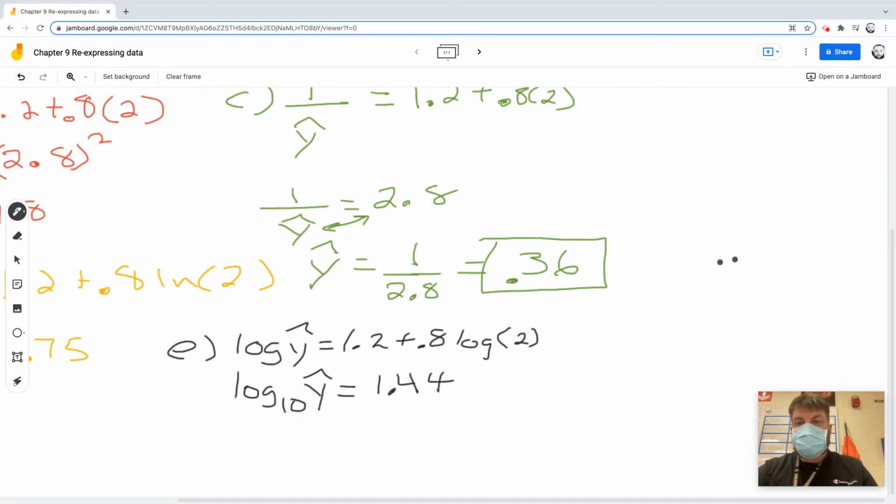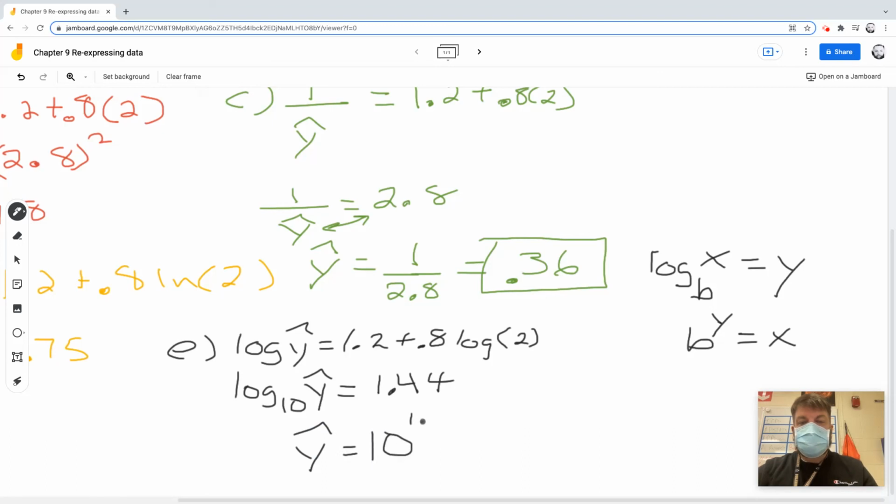Now, if I have a log base b of x, and that is equal to y, this is really my base raised to the y should equal my x value. That's a little confusing, but basically what I'm saying is y hat is equal to my base, which is 10, raised to 1.44, whatever that thing is.